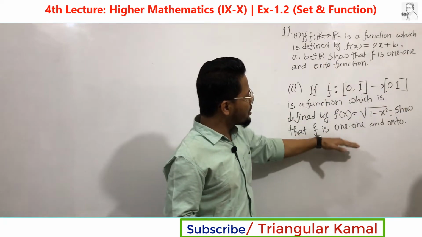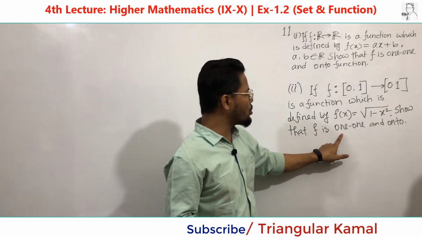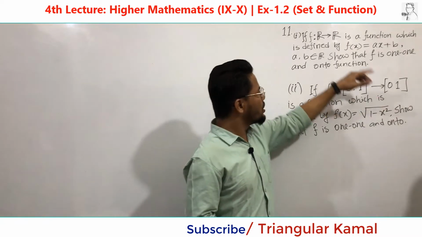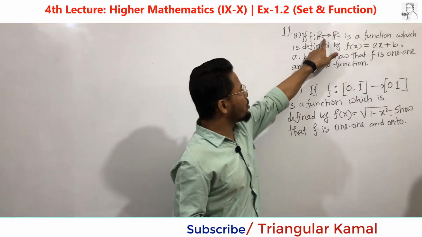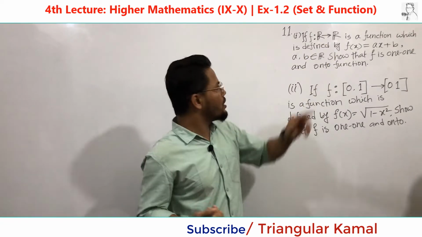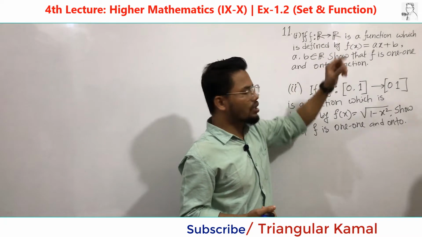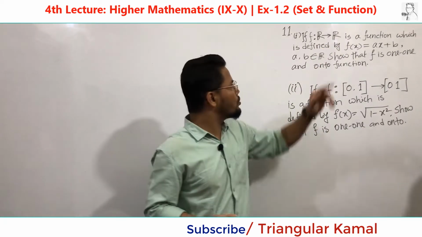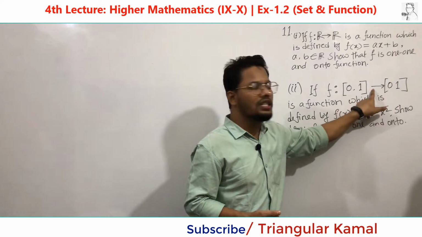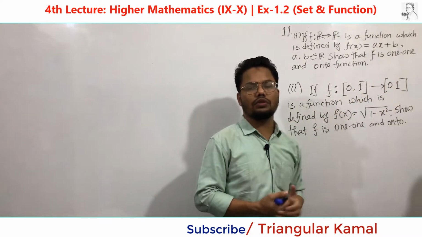In both questions the requirement is to show the given function is one-one and onto. The only difference is in the given information: the open set to open set, that is, real number to real number, both domain and codomain are real here. There it is also real, but the limiting here is 0 to 1, 0 to 1.